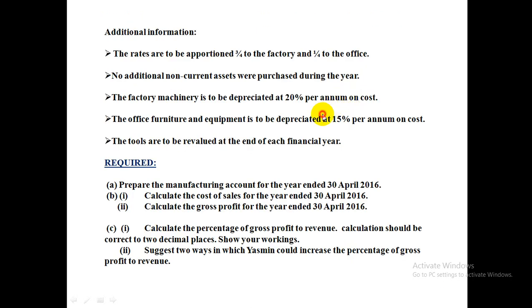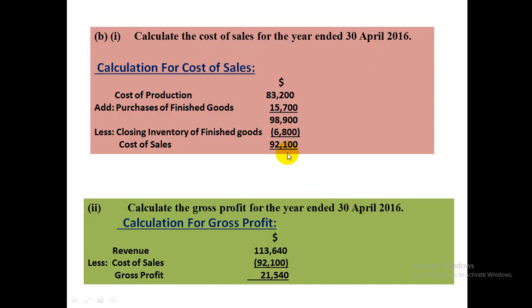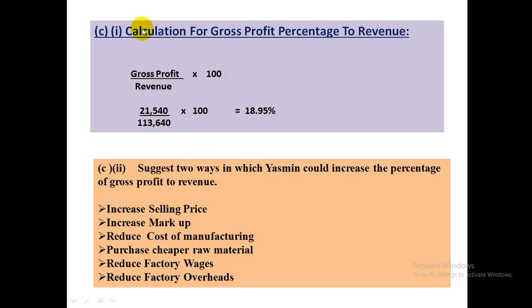We'll take this amount and subtract our cost of sales from this. So revenue minus cost of sales gives us the gross profit. After this, we'll move to requirement C.